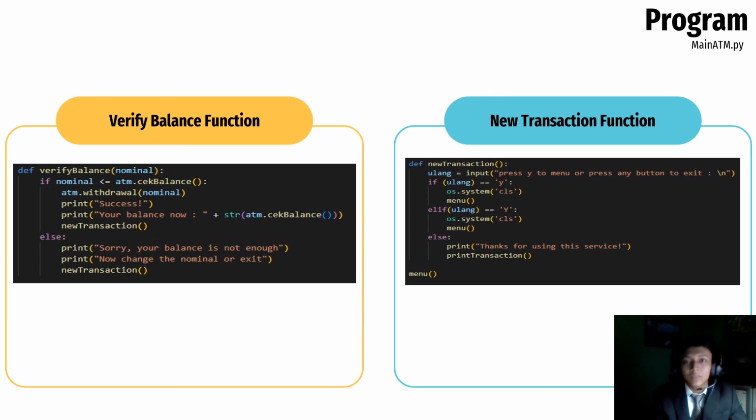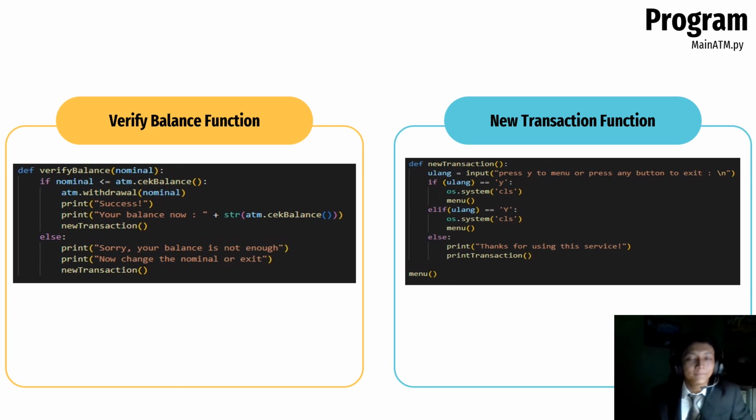Then the program will call the menu function, and if not, the program will call the print transaction function. And lastly, there is a menu that will run the entire program.